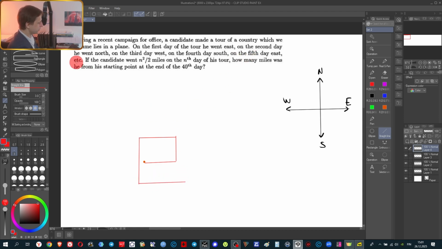And if they tell us etc., it means that the pattern will continue. It means on the next day he will go like this, on the next day he will go like this, and so on. So the trip will go in this cyclic manner. Basically he will go along these segments on each next day.